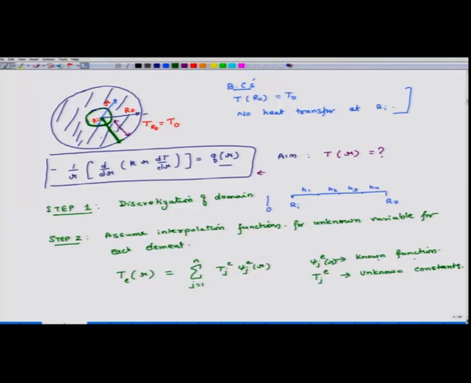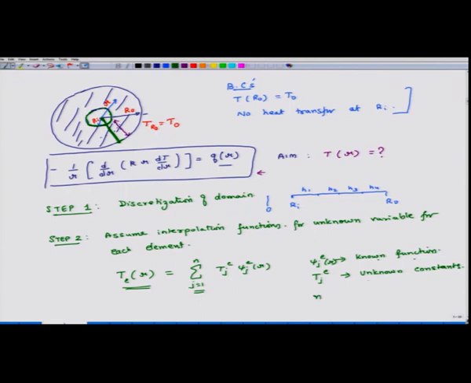In this case it would not be a plus bx, but maybe a plus b r, because the variable is r. So, I am saying that temperature over element e is a sum of products of Tj's and psi j's. Psi j is a known function, Tj is an unknown constant, and I can sum several of these.